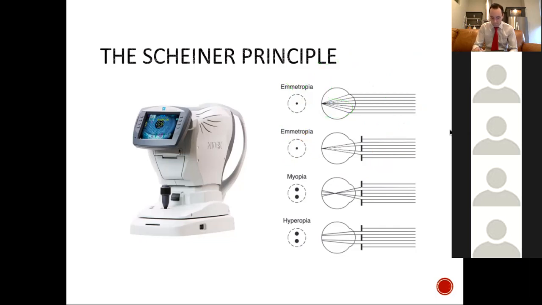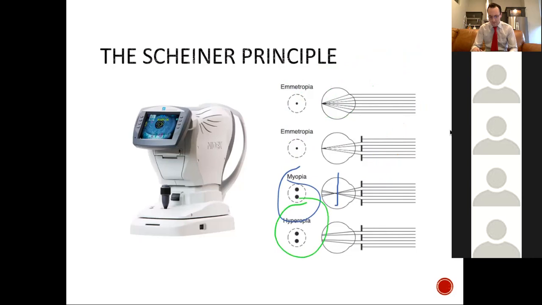Now, when we have an ametrope, okay, and we show them 2 pinholes in front of the eye, they perceive diplopia, okay? Now, certainly in the myope, we have the image crossing anterior to the retina and then projecting backwards. And in the case of a hyperope, it projects behind the retina, right?